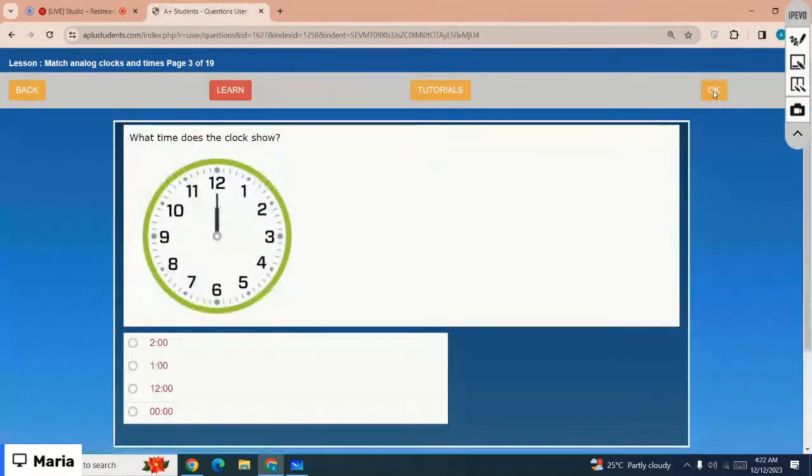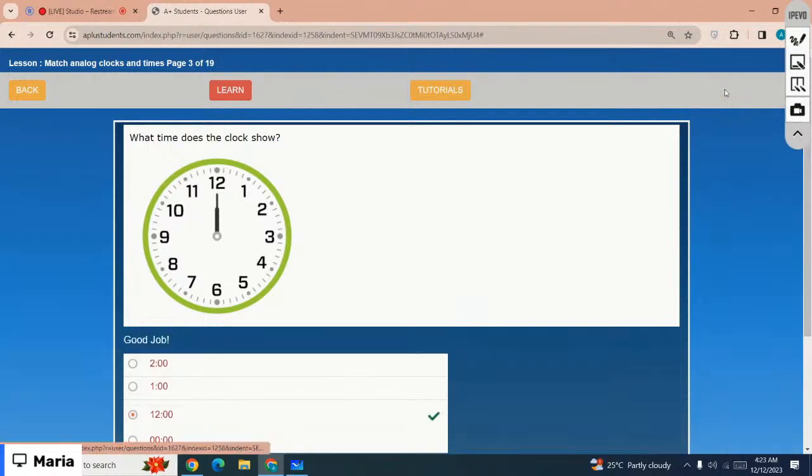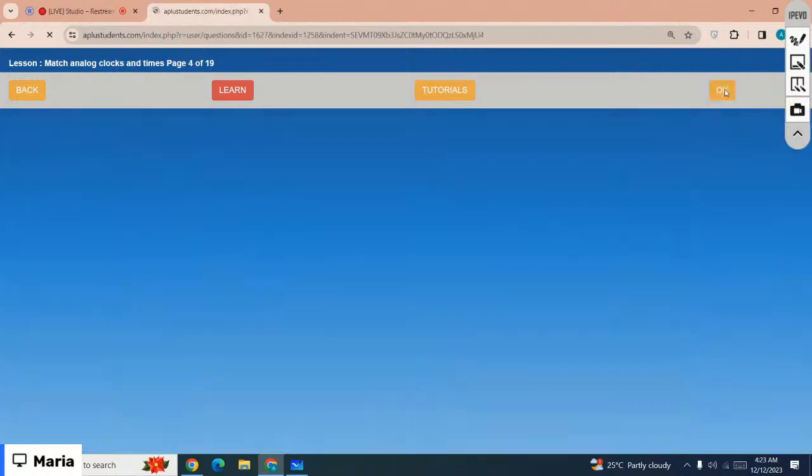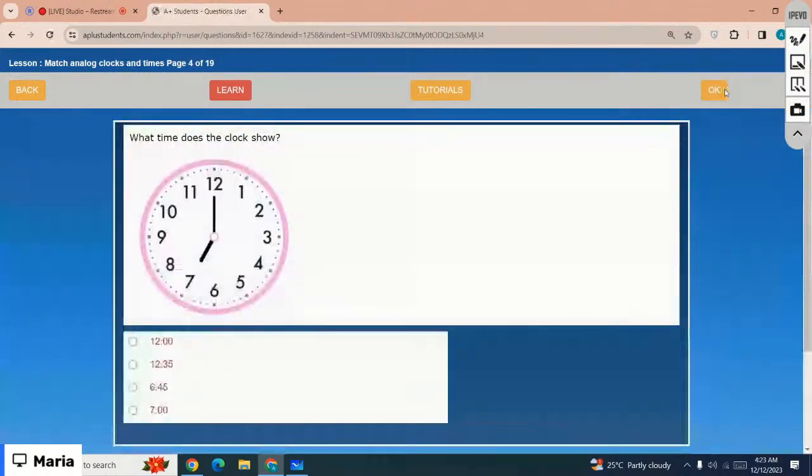Okay, what time does the clock show? Which is the correct option? 12 o'clock. The correct option is 12. What time does the clock show?